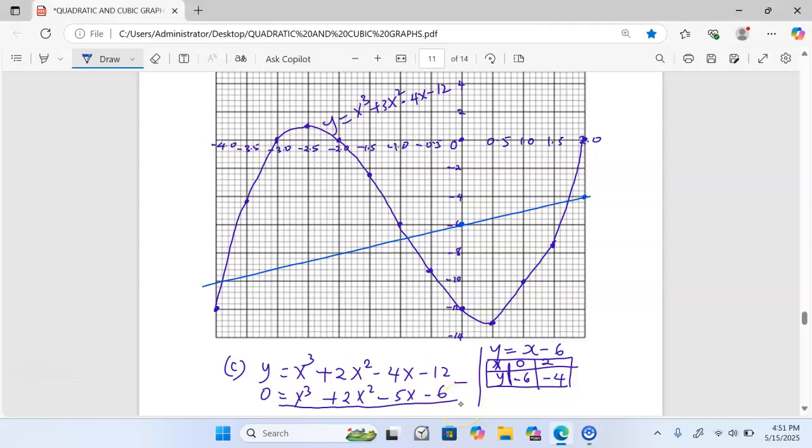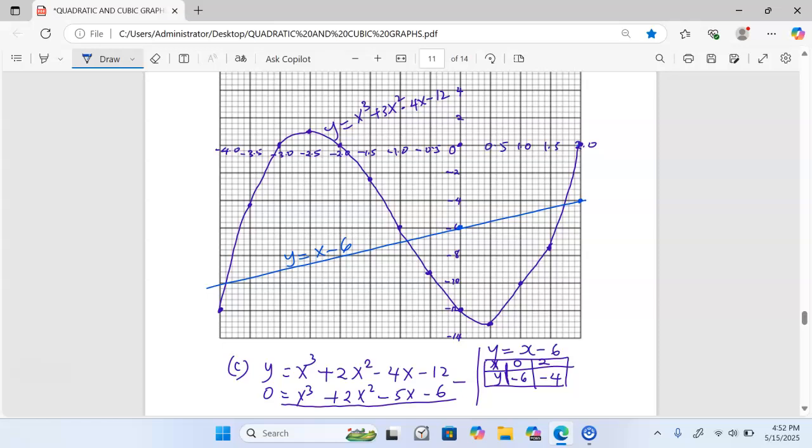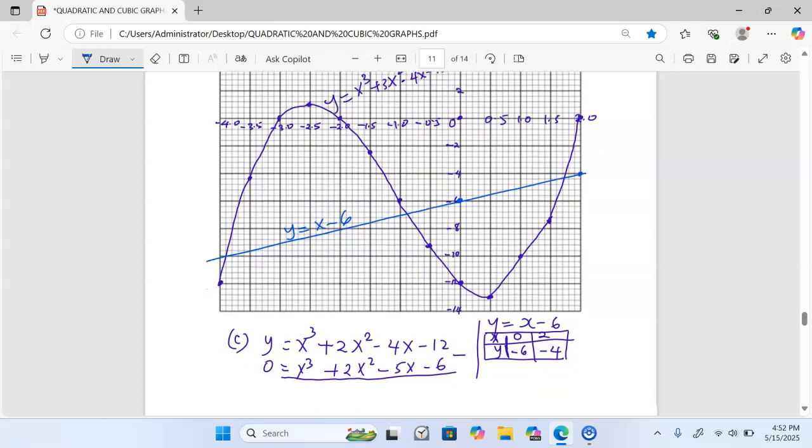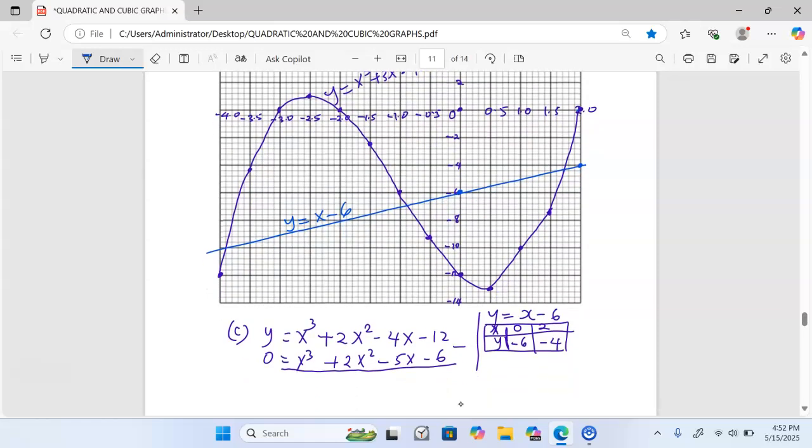We can always name our straight line as y equals x minus 6, for us to go and score that particular point. From here, we are going to give the solutions of this particular curve, and the solution is going to be the point where the line intersects with the curve.